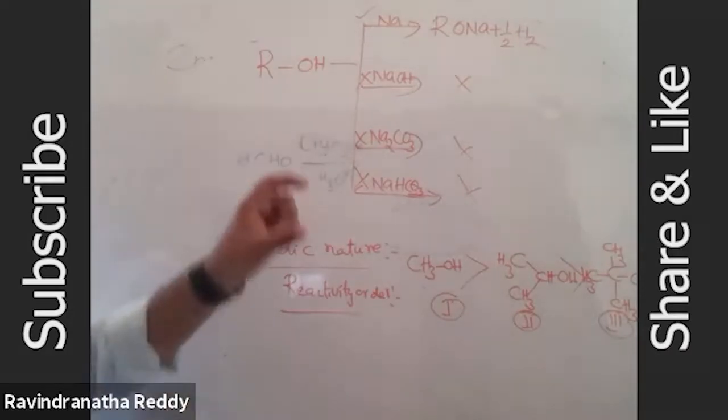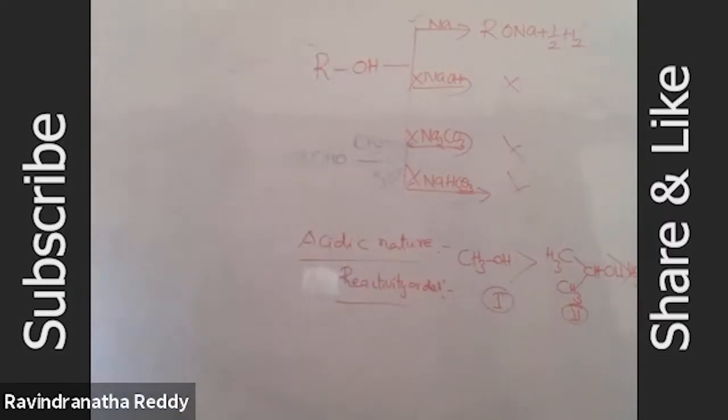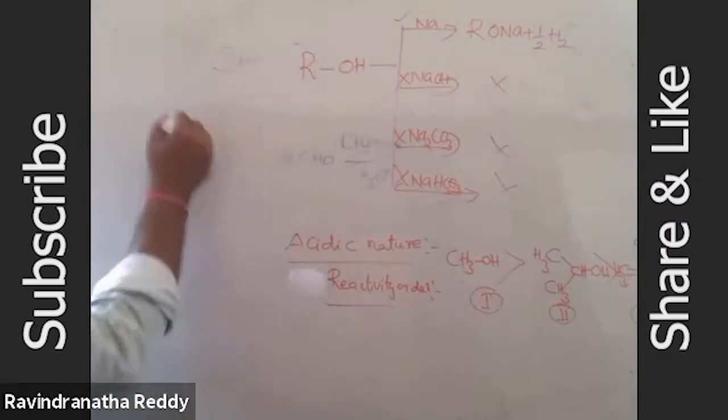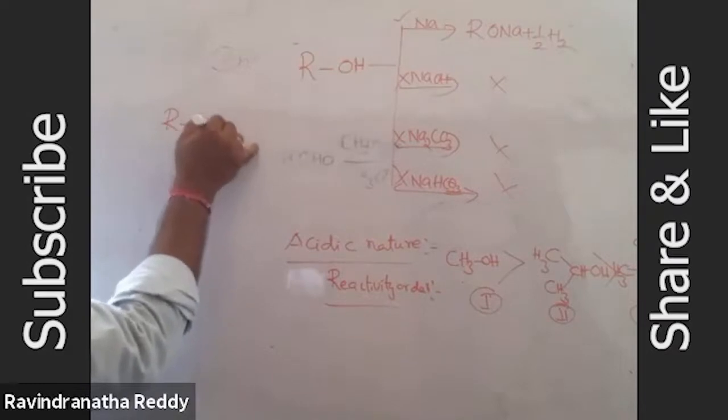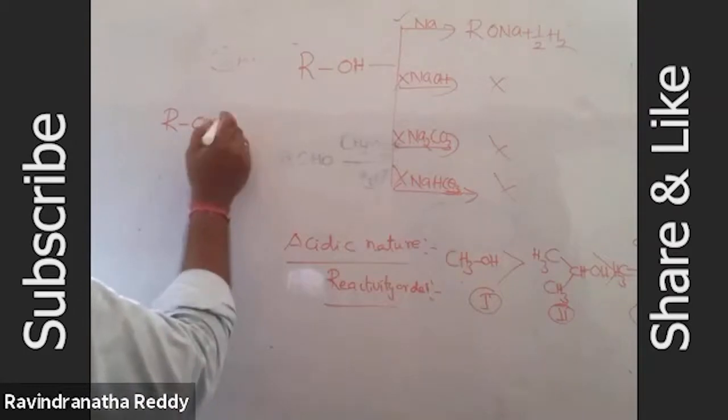Suppose here is an acid-base reaction, where one reaction is possible and another is not. How do we tell? Alcohol means ROH. This is a proton donor.